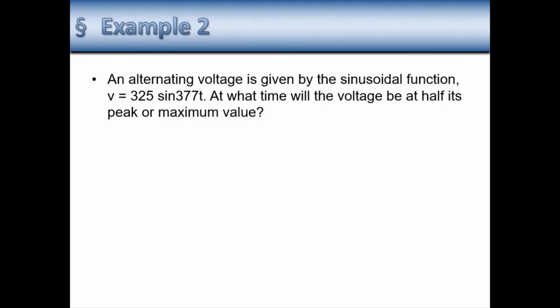Let's have another example about the instantaneous value. Here we have an alternating voltage given by this expression, and we're asked to determine the time when this voltage is going to be half its peak or half its maximum value.